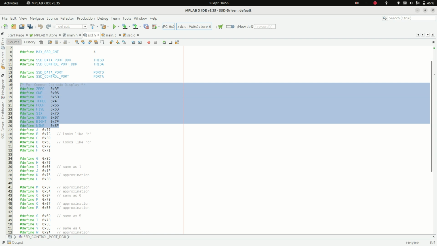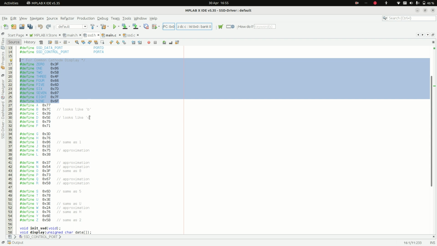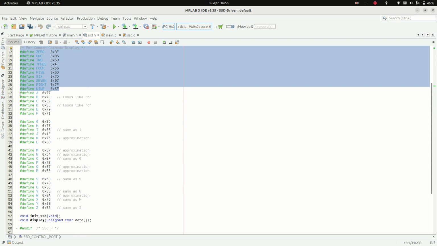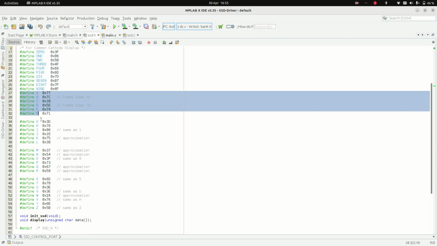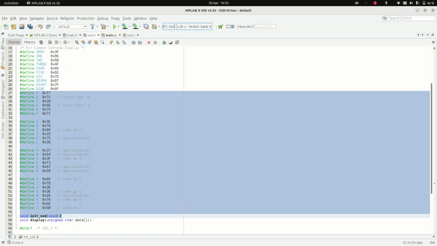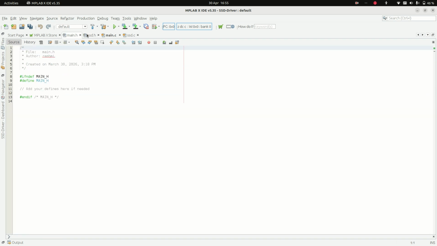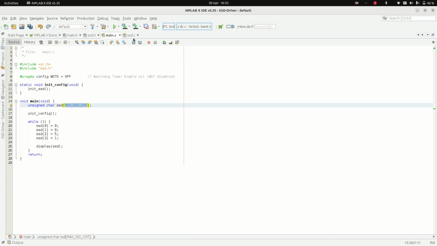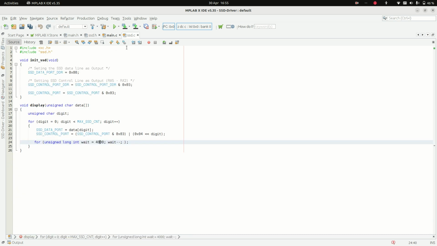You need to write the same thing for 0, 1, 2, 3, which I explained earlier. And if you want to print ABCD also, write the same thing for those. This is SSD.H and this is SSD.C.